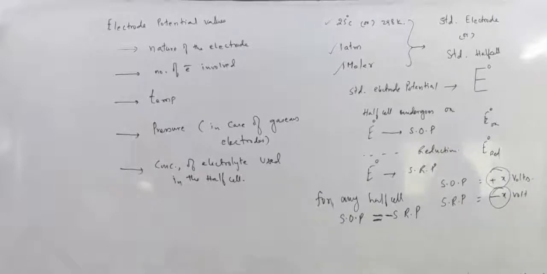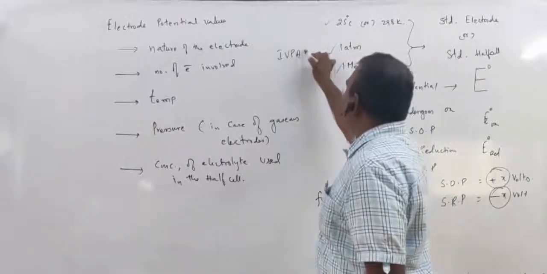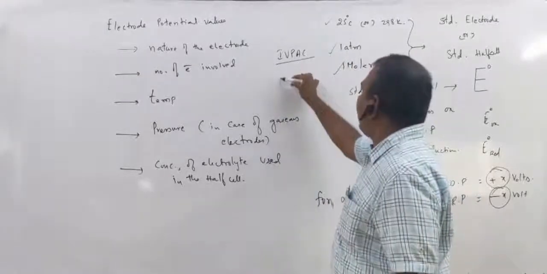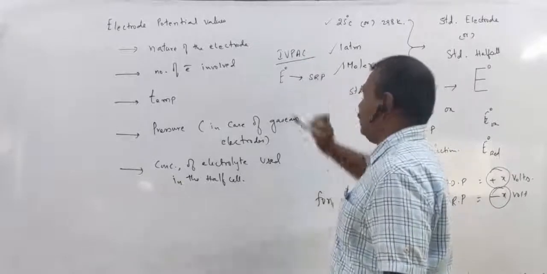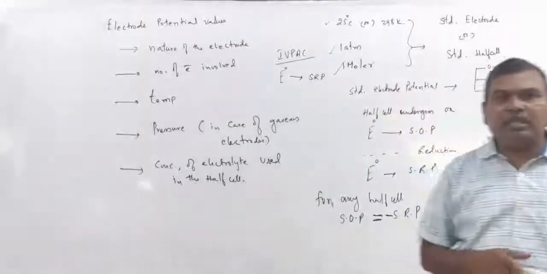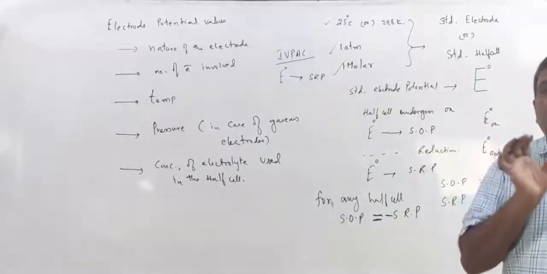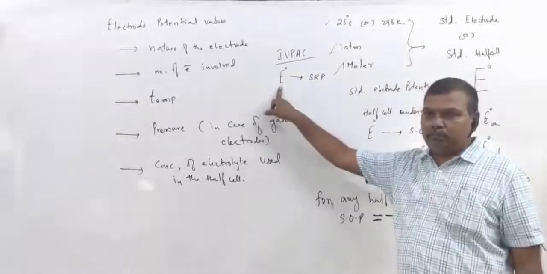SOP and SRP are the same in magnitude. To avoid the confusion, IUPAC recommended that electrode potentials must be SRP. So that means SRP values of all the electrodes are treated as electrode potential values.